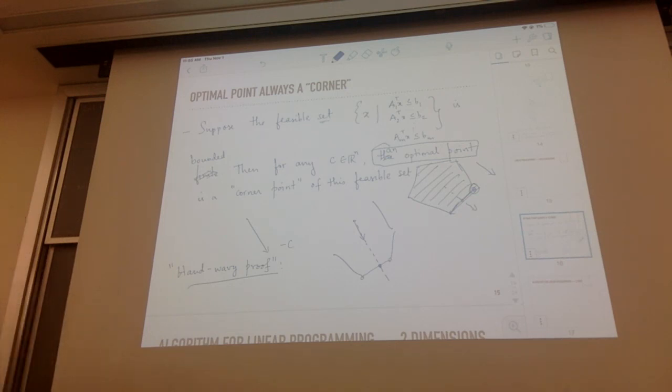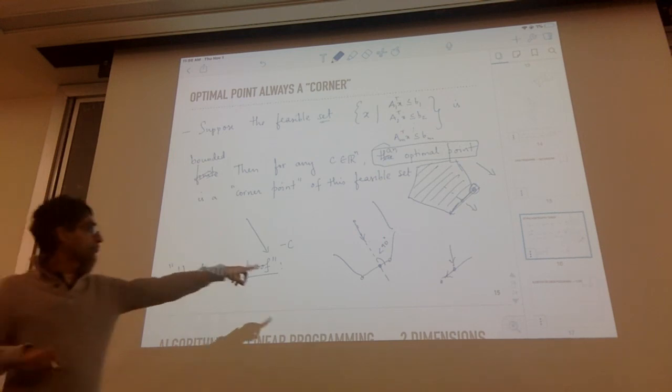Let's suppose that this angle was less than 90 degrees. Then I claim that you can move so that you still go along this direction C. You would end up moving in this direction. Think of a picture where it actually looks like this. Now you would move along this direction, and you would end up at a corner point.